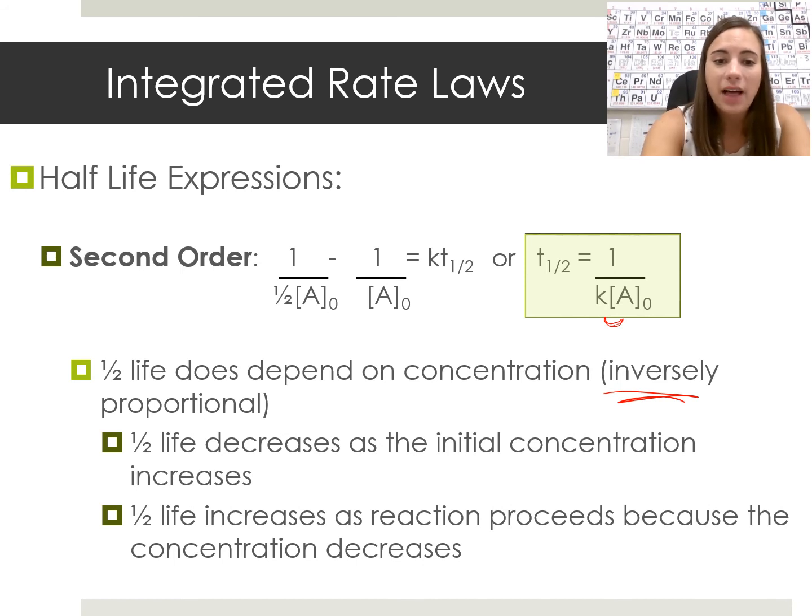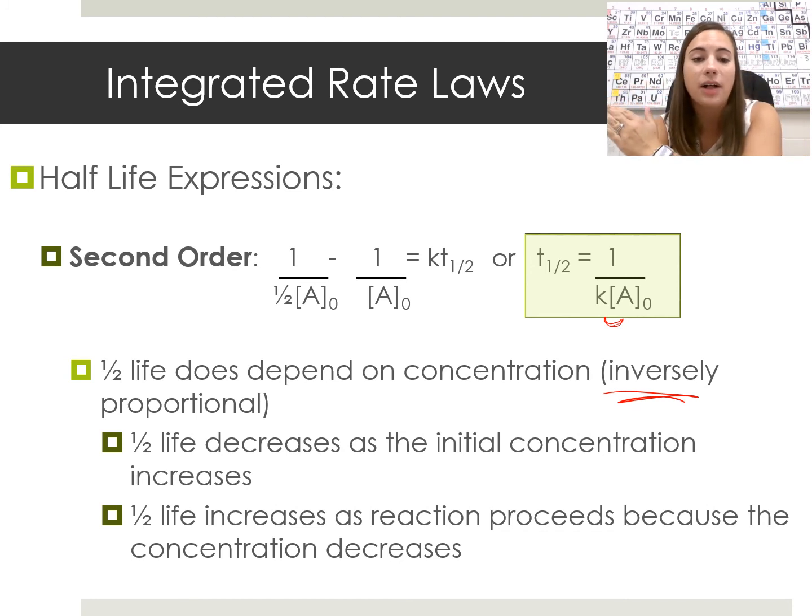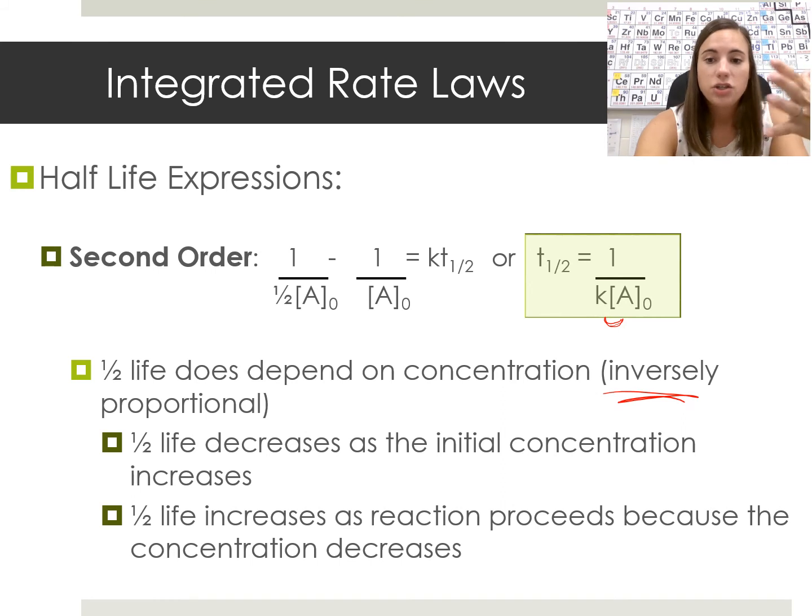The half-life decreases as the initial concentration increases. That means as the reaction proceeds, the half-life is going to get longer and longer. So if we see a half-life getting longer as the reaction proceeds, we know that we have a second order reaction.